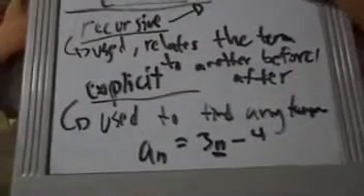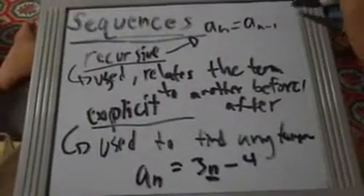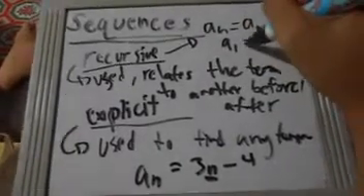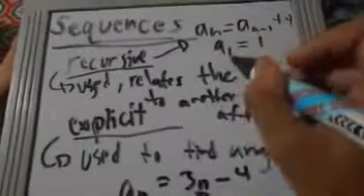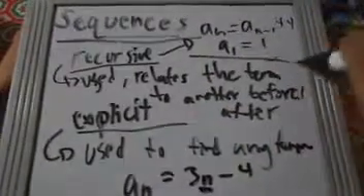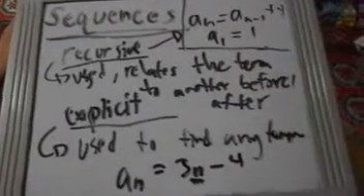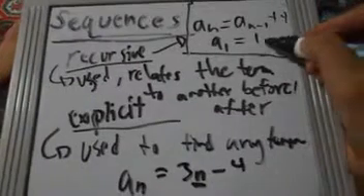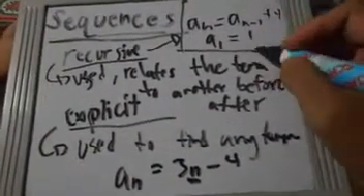Its example is a sub n equals a sub n minus 1 plus 4, where a sub 1 equals 1. As you can notice here, a sub 1 or any term must be given so that you can easily find the next term after it.